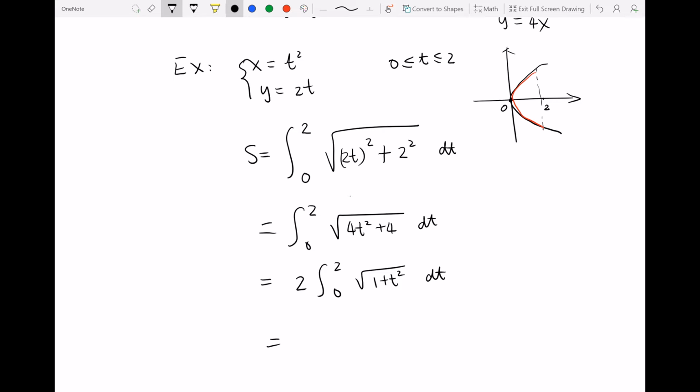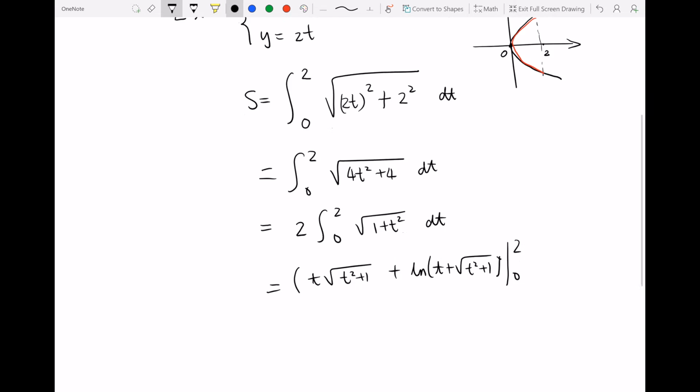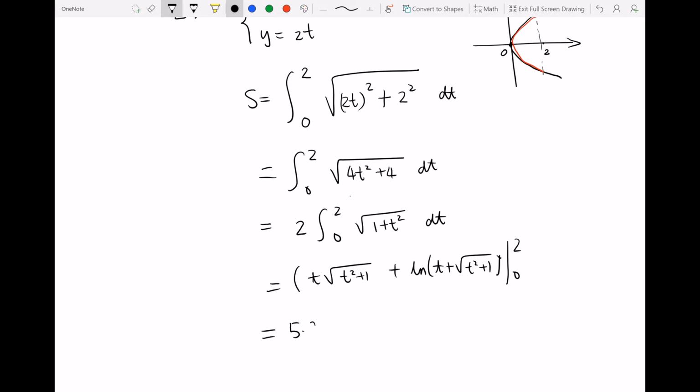So if you use the formula, you get t times the square root of t squared plus 1 plus ln of t plus the square root of t squared plus 1. Okay, so from 0 to 2, that equals 5.916.